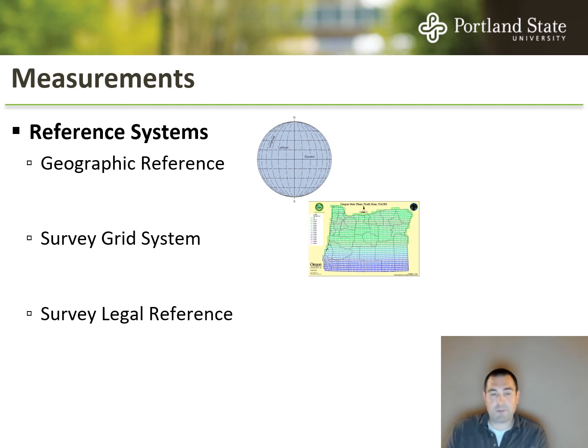Surveyed legal reference. Oftentimes, when it comes to the description for a property, the way those properties are defined is a very specific kind of legalese, and I'll show you a couple of project descriptions a little bit later on through the term as well. But it very much reads almost like a story.